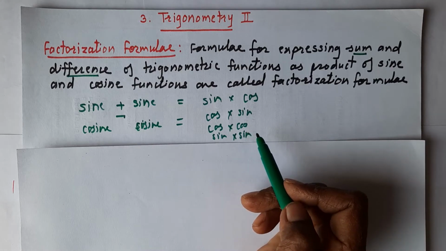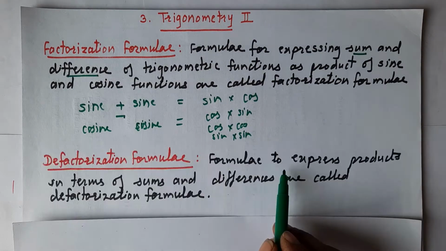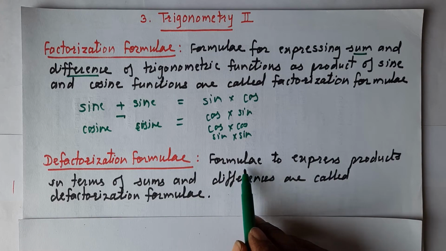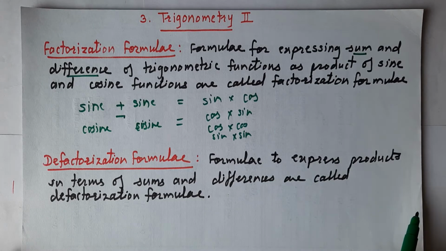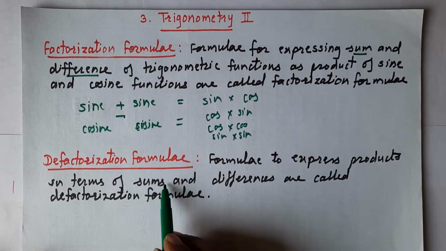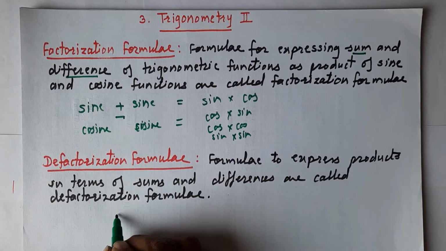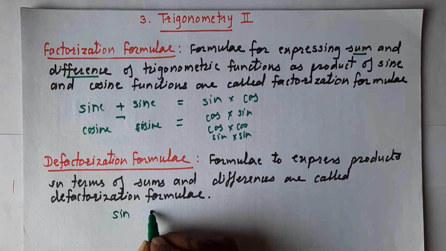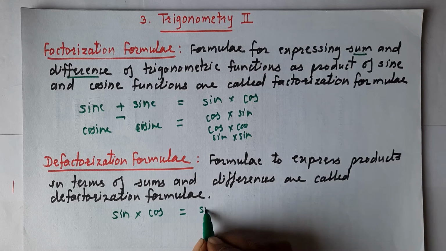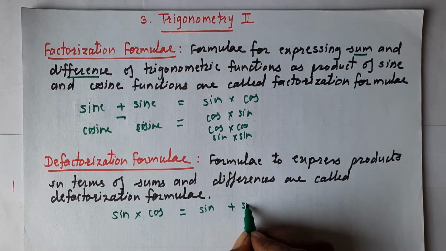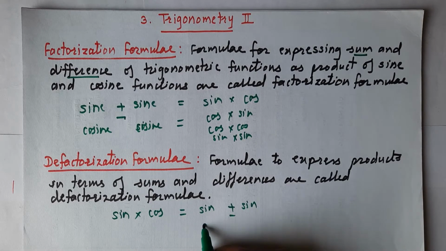Then what is meant by defactorization formulae? Formulae to express products in terms of sum and difference. Means if there is product of sine and cosine functions to the left hand side, to the right hand side there is addition or subtraction of these two functions, either sine or cos.